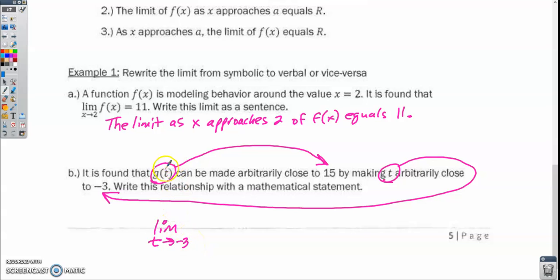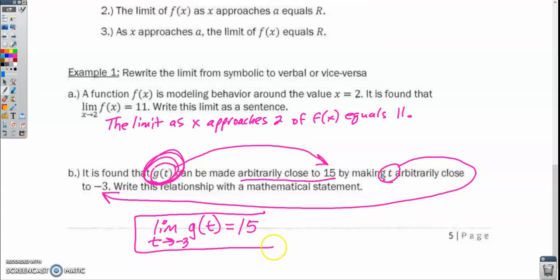The function that we're taking the limit of is this function right here, g of t. And that value, the limit, is getting arbitrarily close to 15. And so this is how we would write that English statement in mathematical notation.